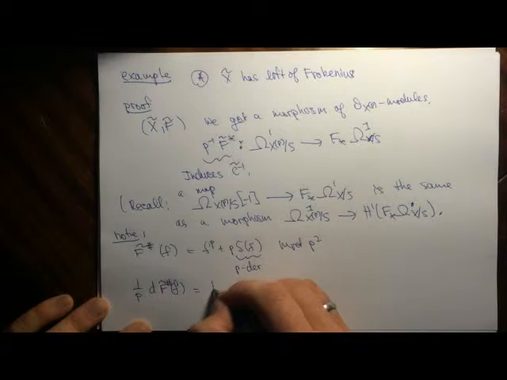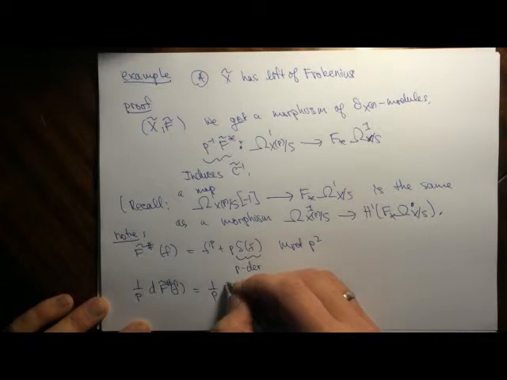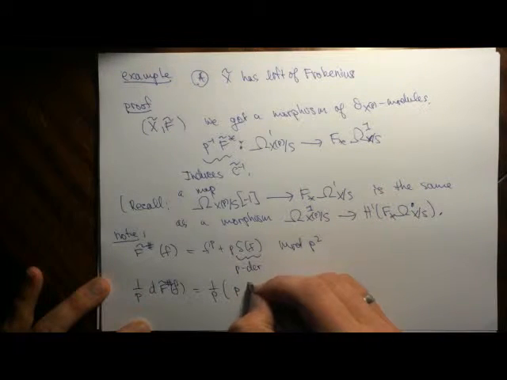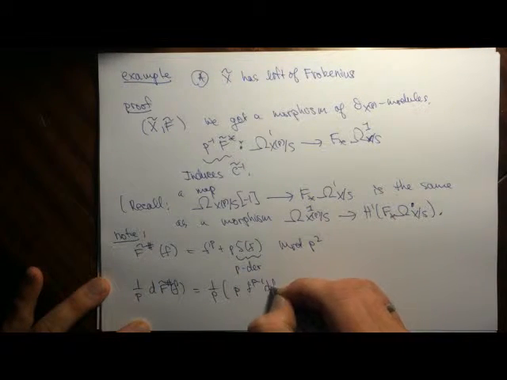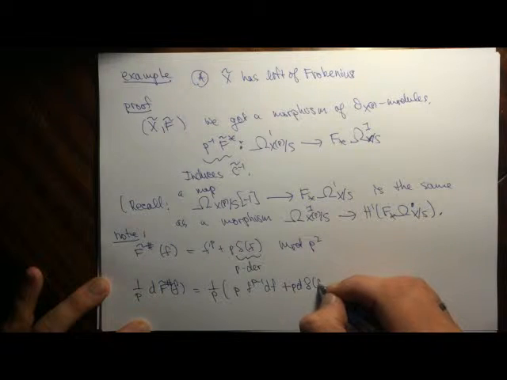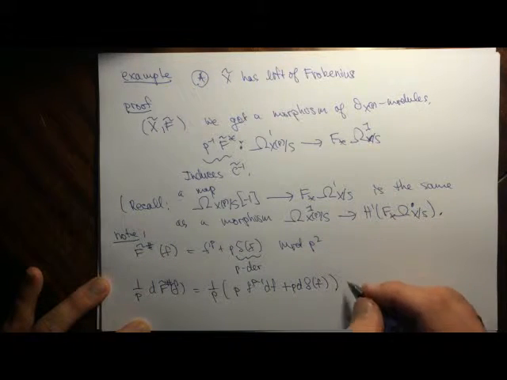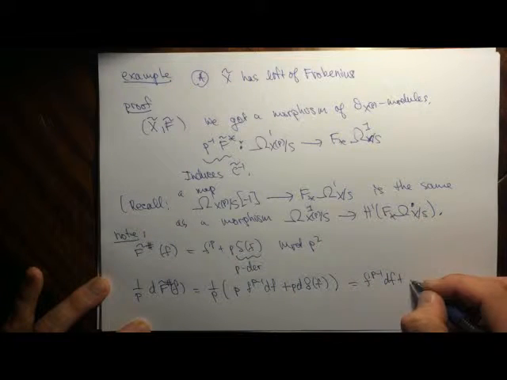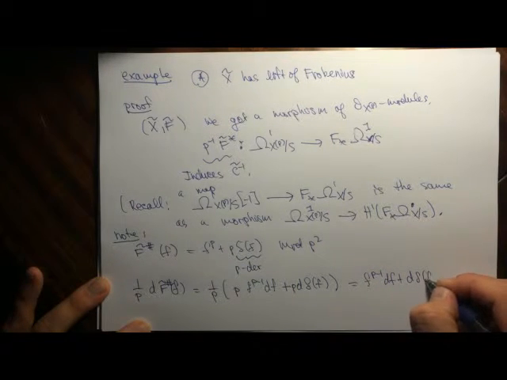So what does this look like? This looks like 1 over p, then we have p, f to the p minus 1, df, plus d p delta of f, like so. And this becomes f to the p minus 1 df plus d delta of f.